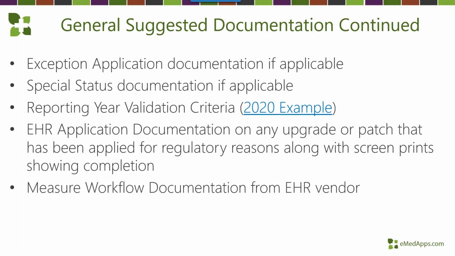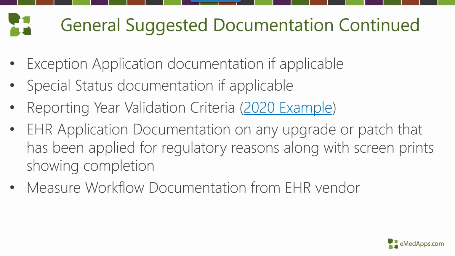Again, I noted before, upgrade patches, any kind of regulatory reasons that you've upgraded or specifics related to an upgrade that your EHR vendor has had you do, any kind of specifics that they've provided, screen prints showing that that information is installed and completed is definitely helpful to have. And then any kind of workflow documentation related to the specific measures and objectives for the MIPS program that your EHR vendor has provided to you.